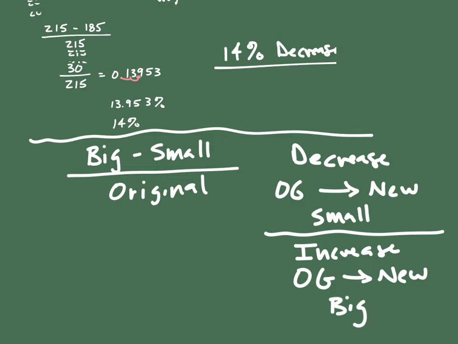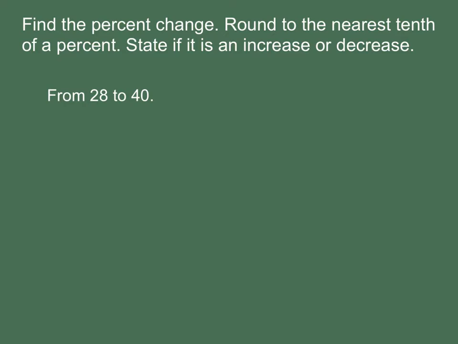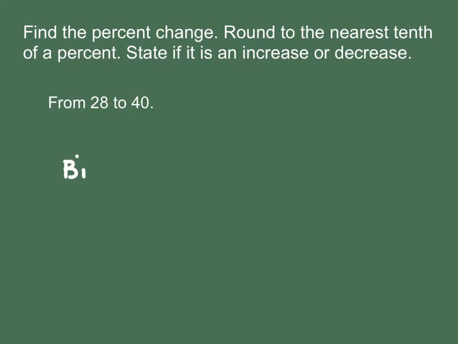So let's do a couple practice problems so that we can make sure we know how to do these kinds of problems. In this problem, it says find the percent change, round to the nearest tenth of a percent, and state if it is an increase or decrease. Let's think about this: the big number minus the small number over the original.